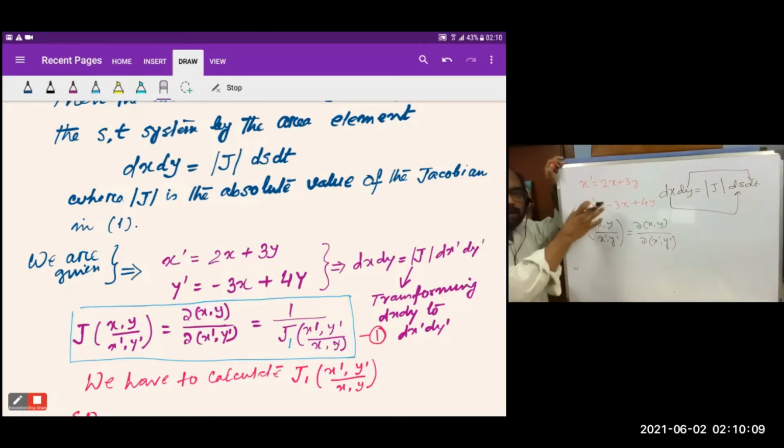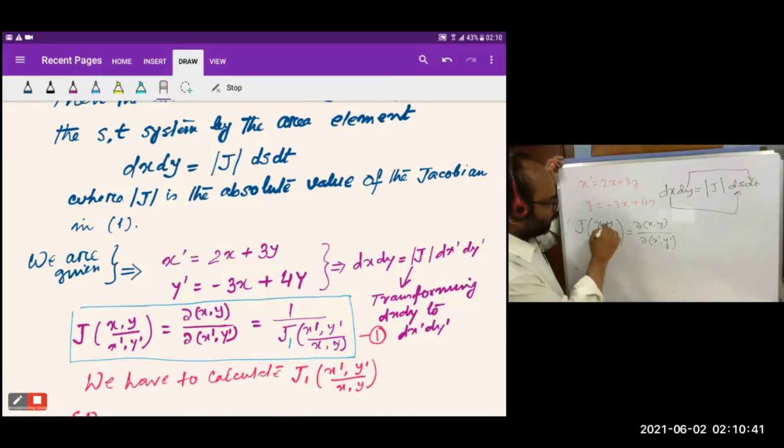So it is given in a reverse way, not from x to x dash and y to y dash, but from x dash to x and y dash to x and y.